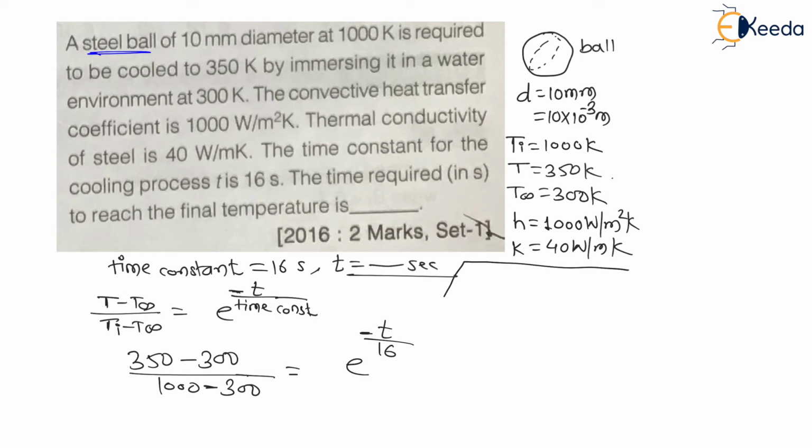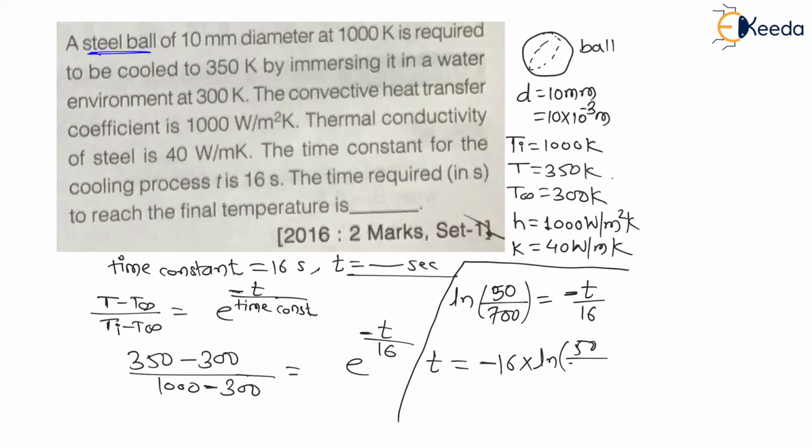If I take the ln function on both sides, that is log to the base e, I get ln of (350 minus 300) which is 50, divided by (1000 minus 300) which is 700, equal to minus t by 16. Therefore this time will become minus 16 into ln of 50 divided by 700. Let us solve this for time.